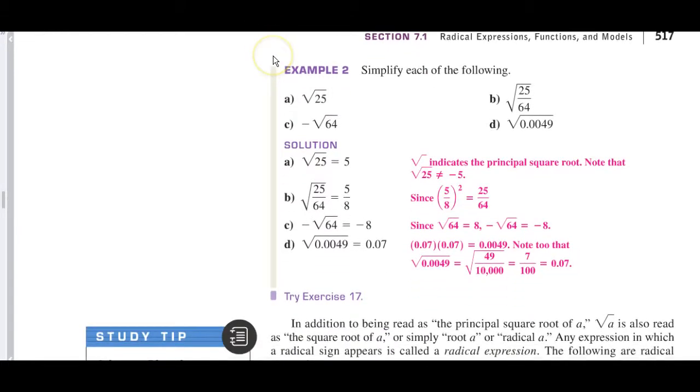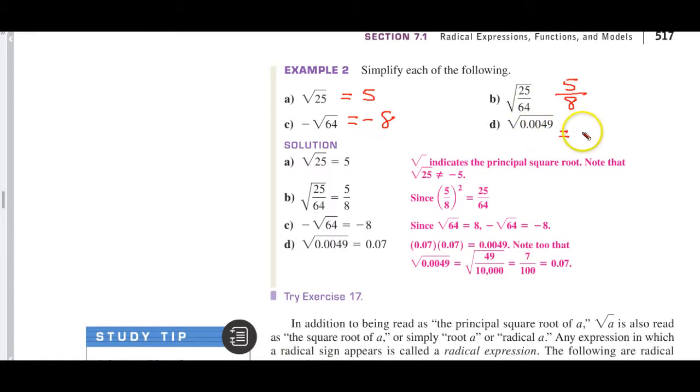So as we look at these examples, they're asking us, I guess, for the principal square root here. Here, this will be 5. Now the principal square root of 64 is 8. Then we apply the negative sign. And then here we take the square root of 25, which is 5, 64, which is 8.